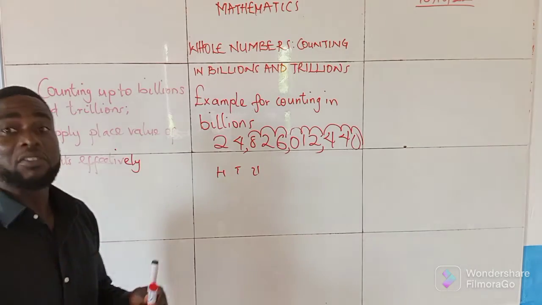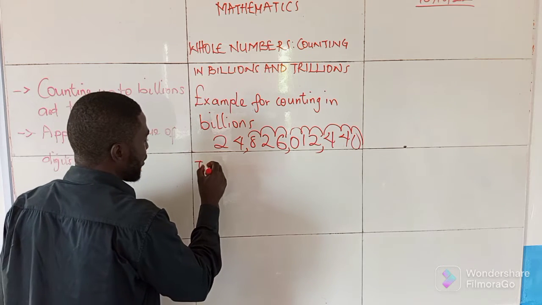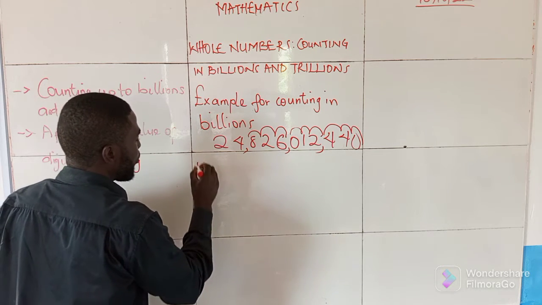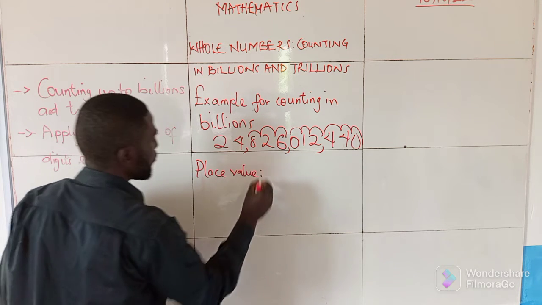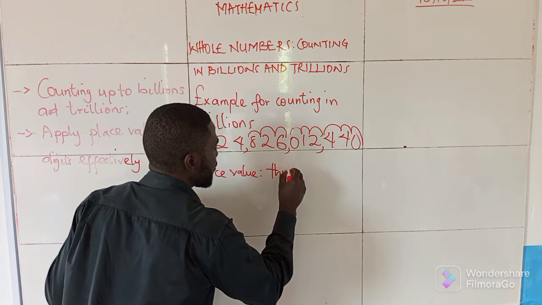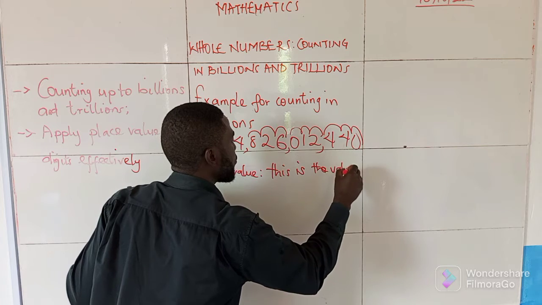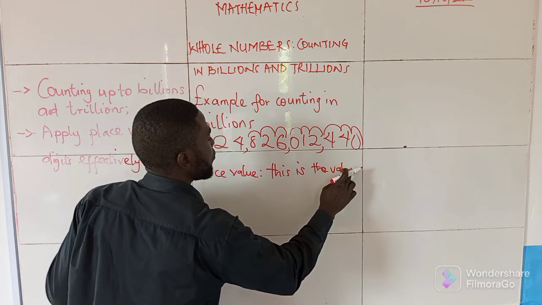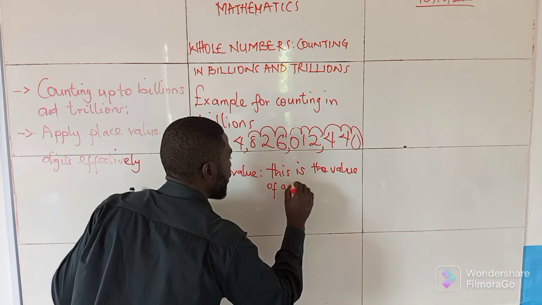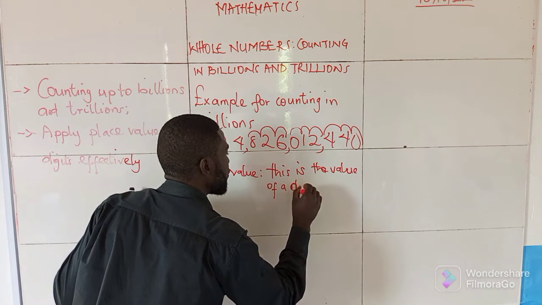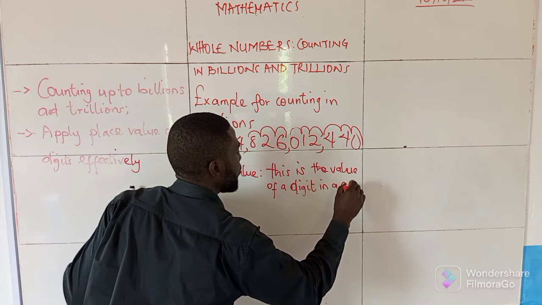Let me write this as a brief definition: place value is the value of a digit in a number.